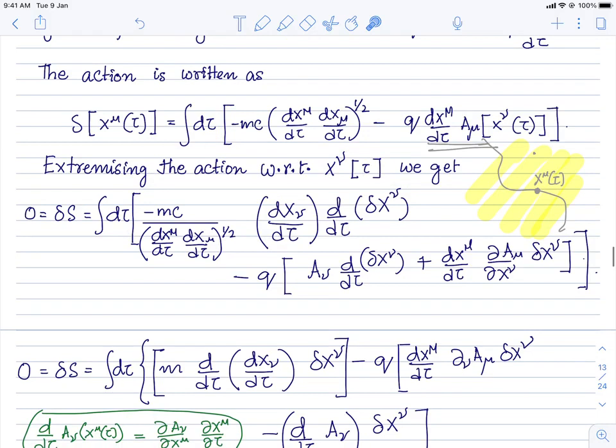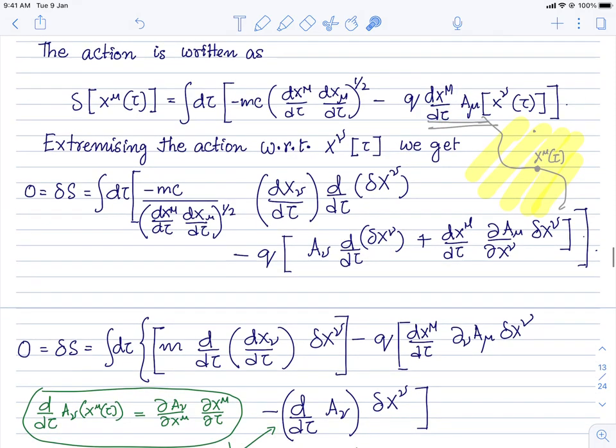Now for the variation of this object here, there will be one term where the variation hits the tau derivative of x, and then there is one term where this one is left and the variation hits the A_mu, the x^mu inside the A_mu. Because it's a function of this, you'll do a functional derivative: a first derivative with respect to x^mu times the variation.